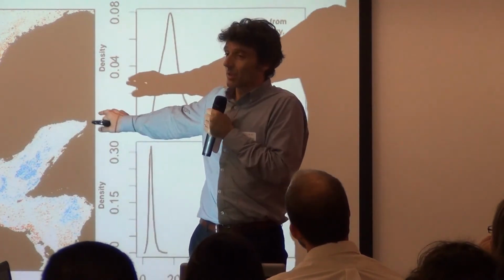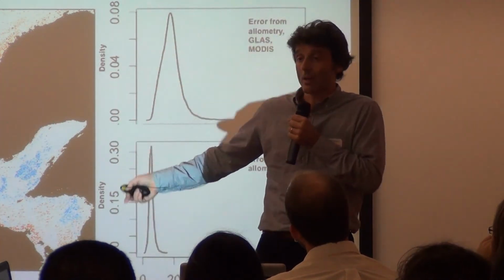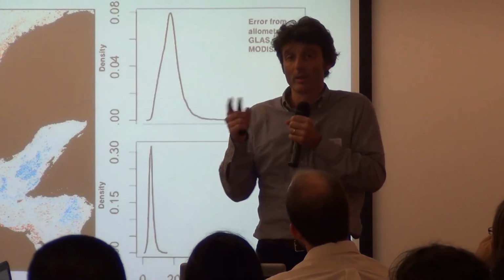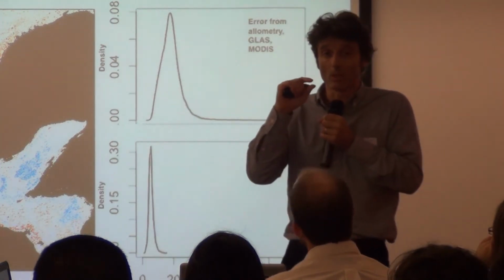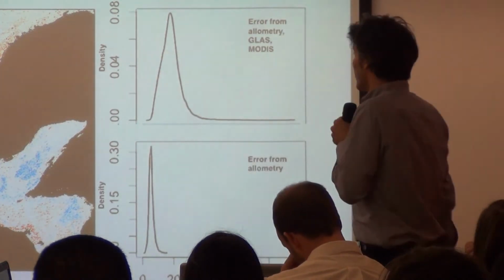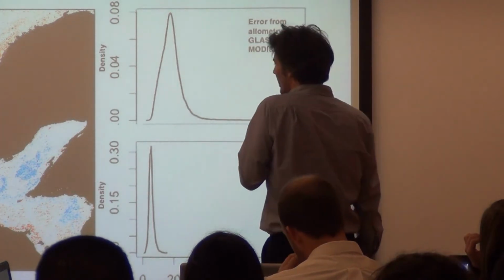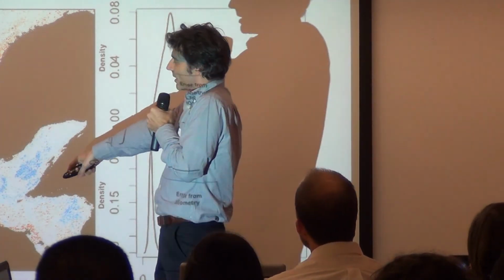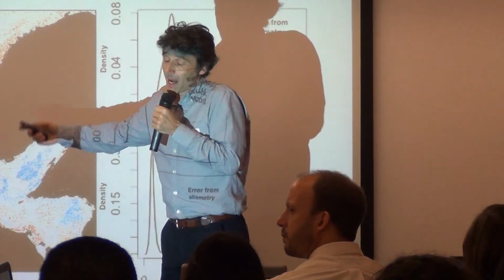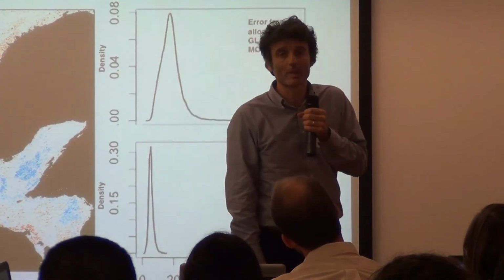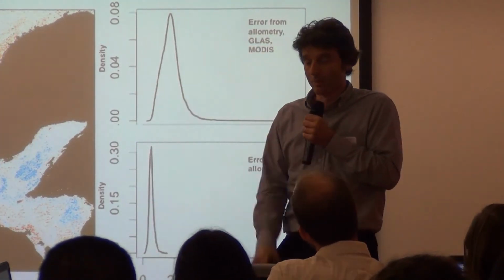In this case, I'm just showing the percent error, so it's a percent error on the mean estimate of that pixel. And as you can see, you can go from 0 up to 94% error in each pixel.